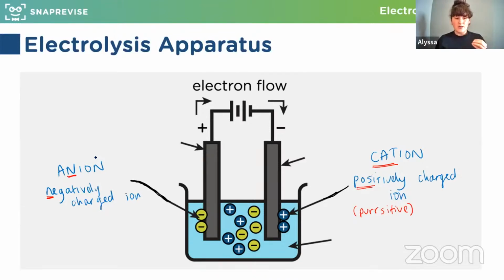Although the anode is positive, it's positive because the anions, which are negative, have to be attracted to it. If we remember, like a magnet, opposites attract. Positives attract negatives. So the anion, which is negatively charged, must be attracted to the anode, which is positively charged.